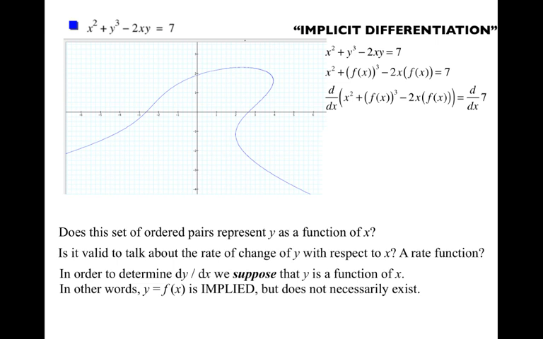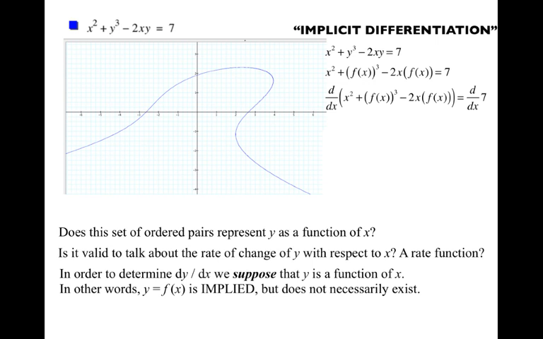Okay, and so again, now we're going to follow all the same rules that we learned for the mastery test. On that left side, we're going to look at the overall structure of that thing. We're taking the derivative of something. What's its structure? That's going to determine how we approach it.